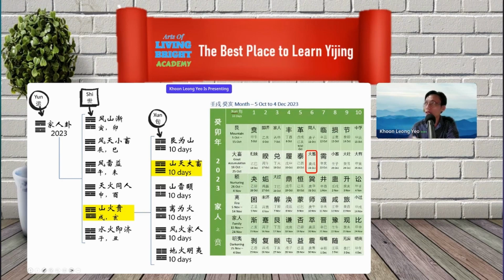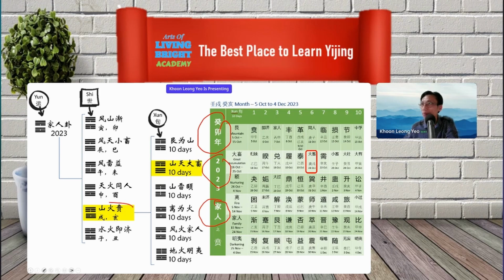Like I said, in this workshop I prefer to explain using table format. So how do we read this table? On the left side is the year, 癸卯年 2023, and the year hexagram is 家人卦.